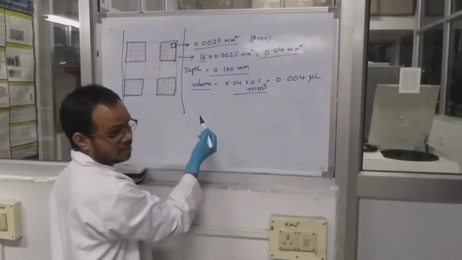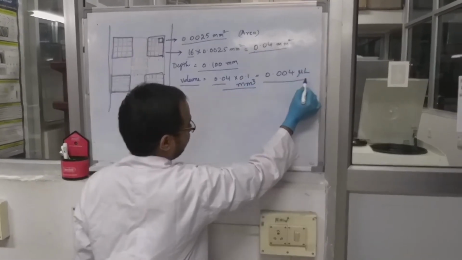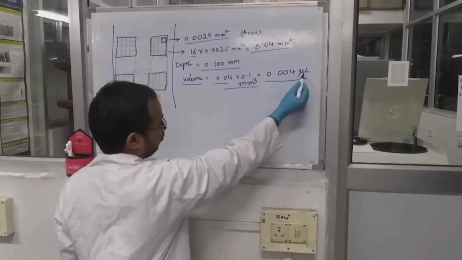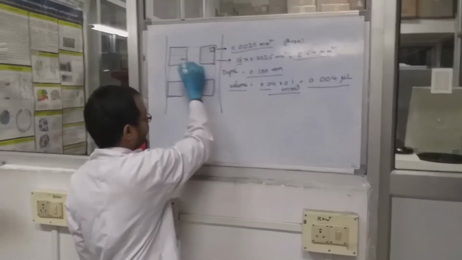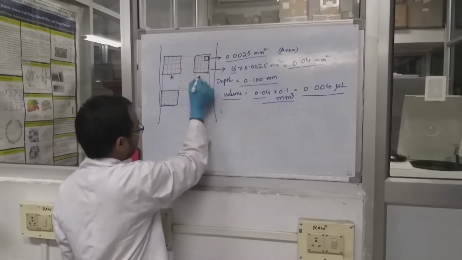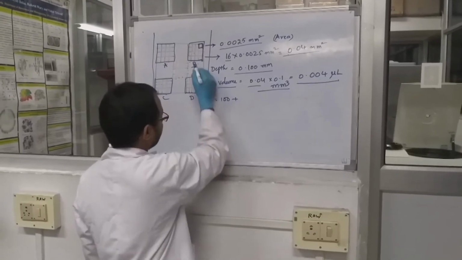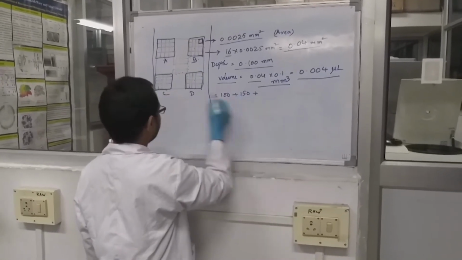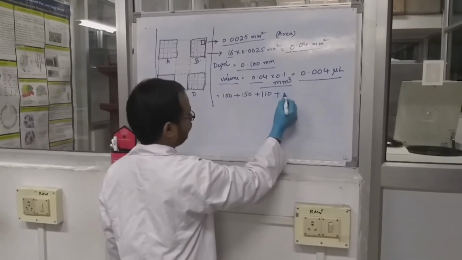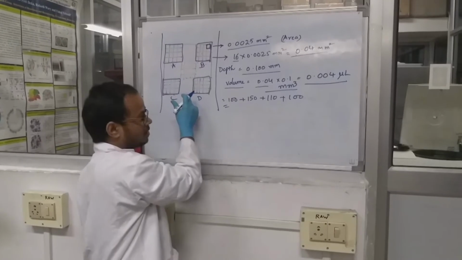So what is the volume? 0.04 into 0.1. So that is total 0.004 millimeter cube or 0.004 microliter. Say we have counted cells in each well. Say this is A, B, C, D. Here we have 100. Here we have 150. Here we have 110. Here we have 100 again. So for the total cells we have to take the average.